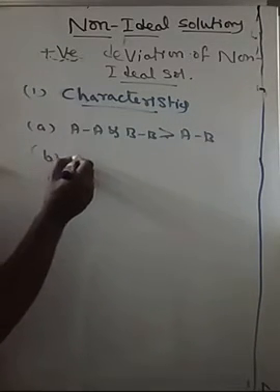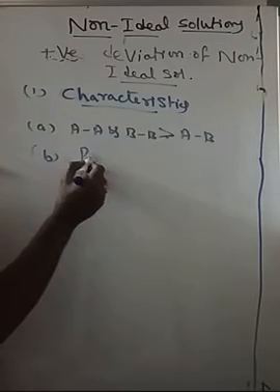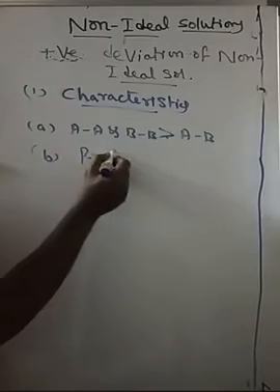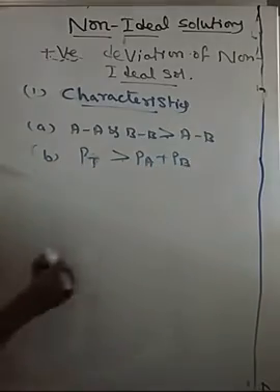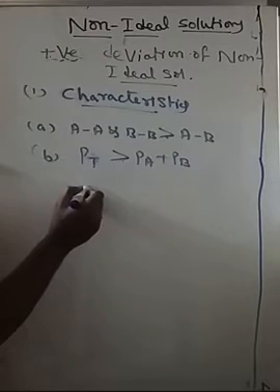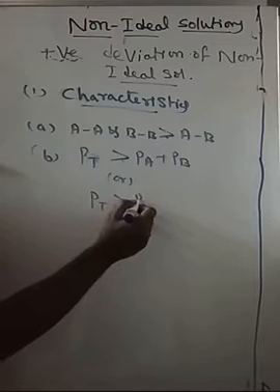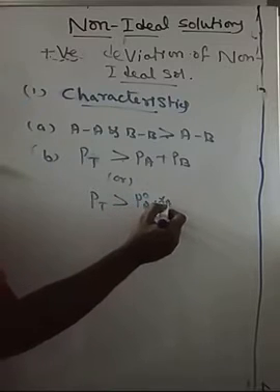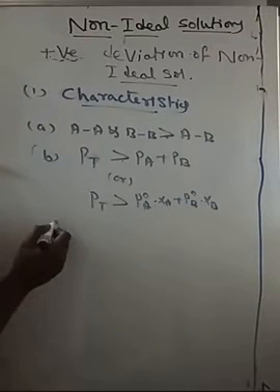Two: the total pressure becomes greater than PA plus PB, or total pressure PT is greater than P0A times XA plus P0B times XB.